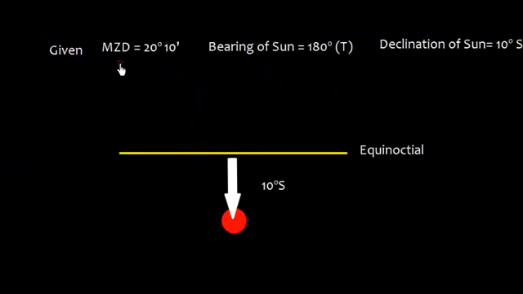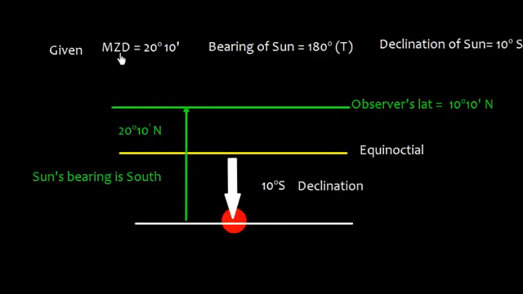Similarly, let's do one more example to reinforce this idea. The meridian zenith distance is 20 degrees 10 minutes, the bearing of the sun is 180 degrees true, and the declination of the sun is 10 degrees south. So let's draw this line, that is the equinoctial, and the declination of the sun is 10 degrees south. That means from the equinoctial the sun is downward, that is southward. The MZD, meridian zenith distance, is named opposite to the bearing of 180 degrees true.